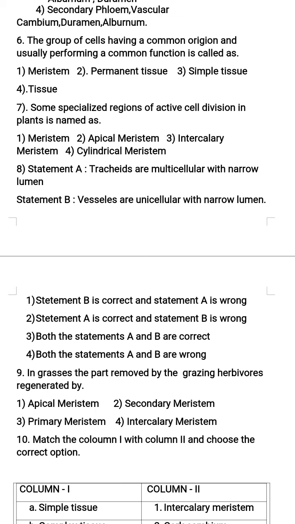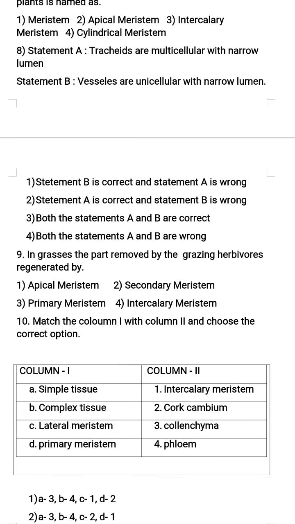The eighth question is a statement based question and a very important way of asking. Let's look into it. Statement A. Tracheids are multicellular with narrow lumen. Next, statement B. Vessels are unicellular with narrow lumen. Now let's see the options first of all. First option.